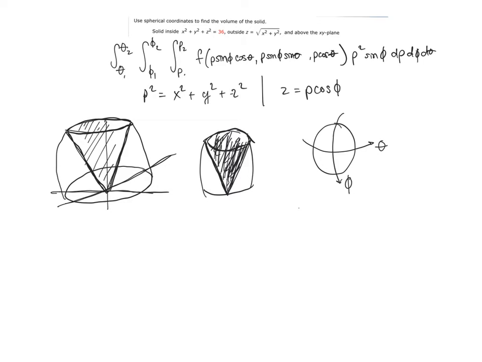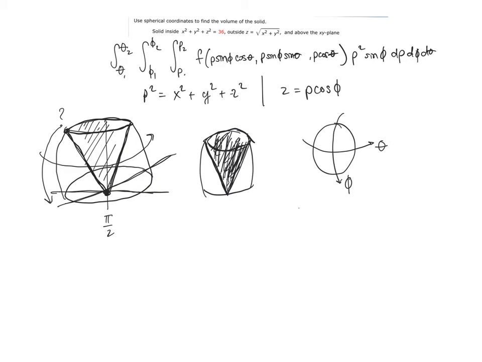So right here for the solid, you will have theta all around from 0 to 2 pi because it's making a full circle. But your phi will be from this point right here, which we don't know, all the way down to the xy-plane, which is pi over 2.